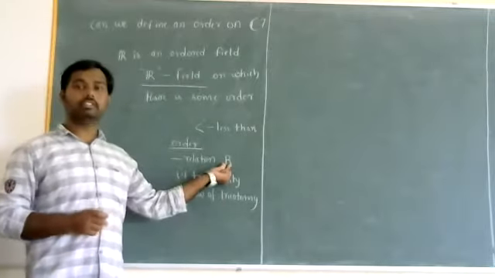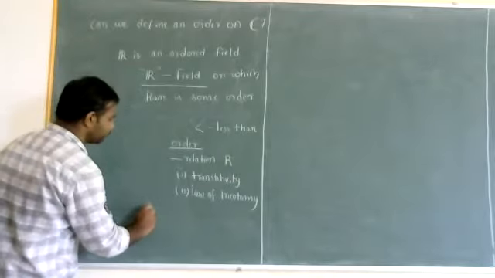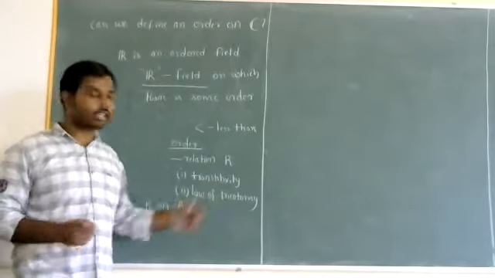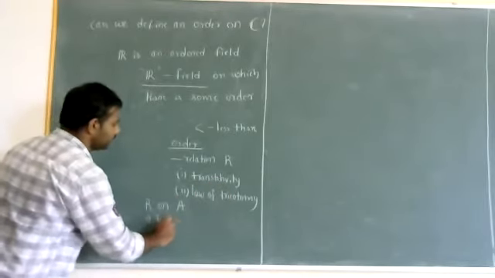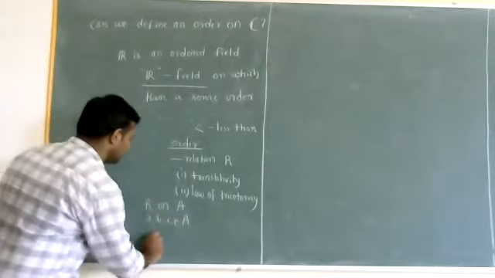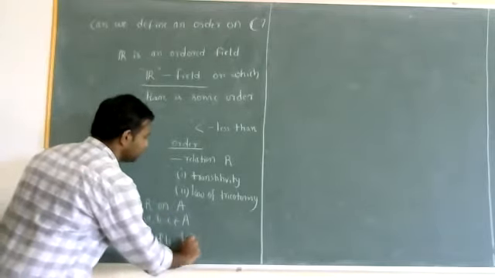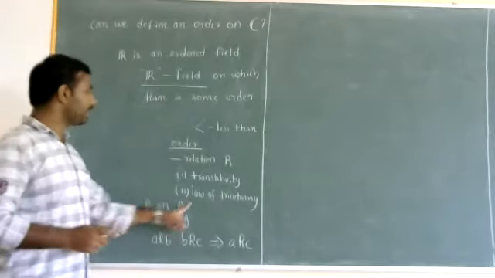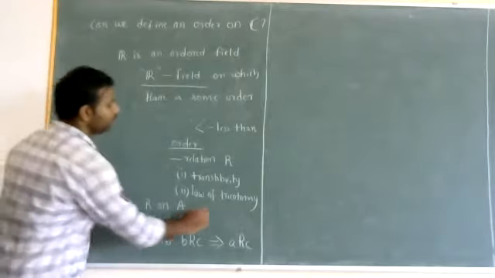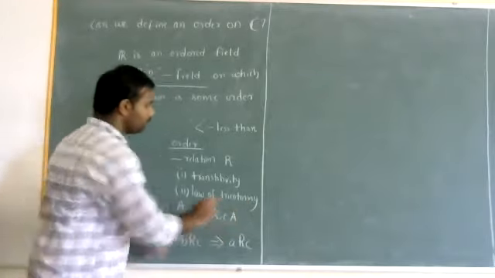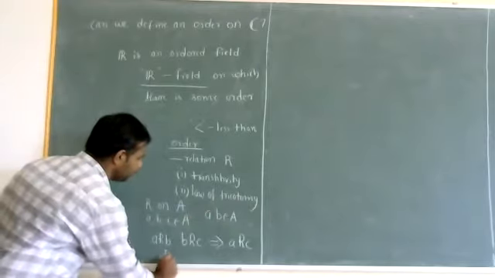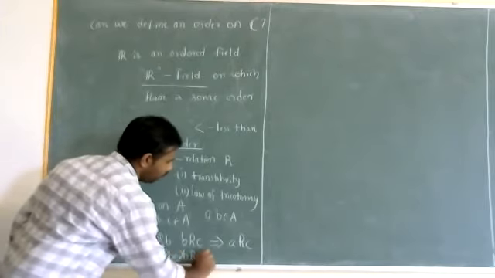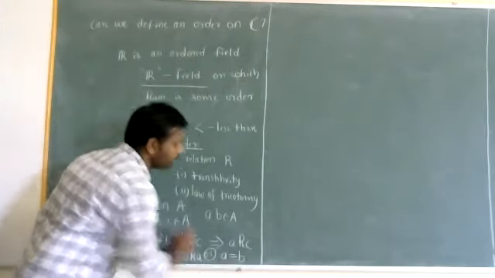Any relation R on a set A is said to be transitive if, for any three elements of A, if A is related to B and B is related to C, then A is related to C. And the law of trichotomy is: given any pair of elements of A, either A is related to B, or B is related to A, or A is equal to B.